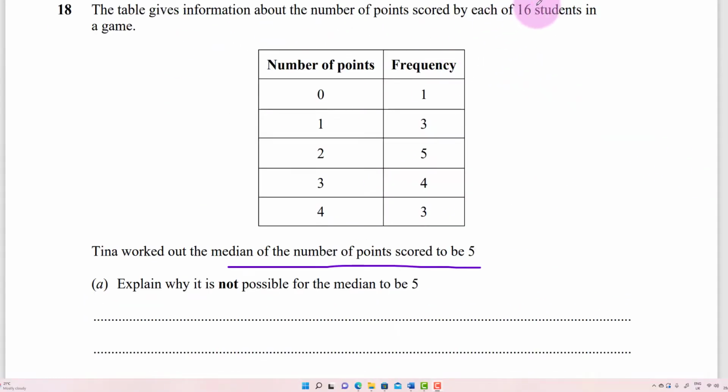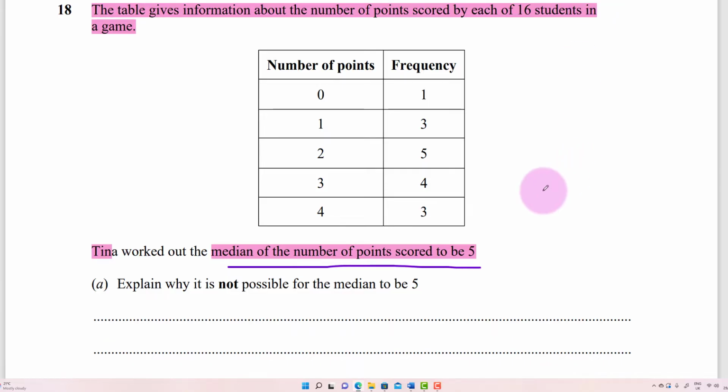Right, let's have a look at this. You've got the table, which has some information about points scored by 16 students in a game. Tina worked out the median number of points scored to be 5. Now you need to remember the key terms. What is median? Median is the number in the middle, and that's when it's in order.